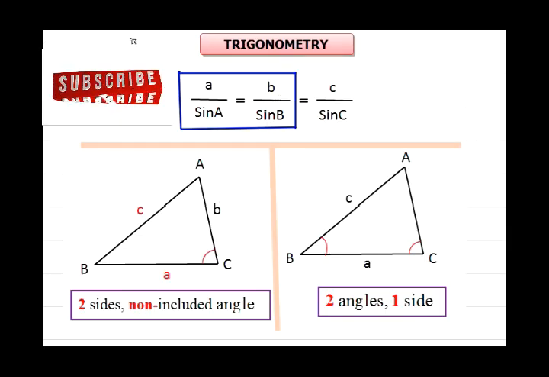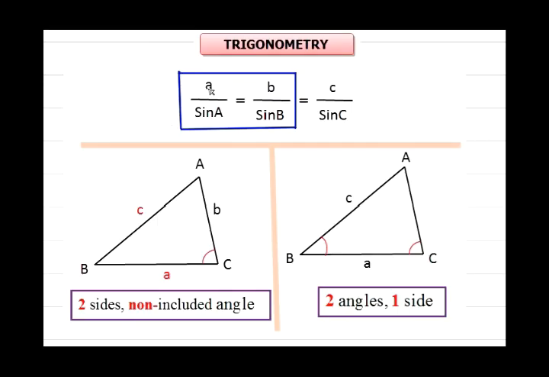What I mean is that anytime you want to solve, either you say a over sine A is equal to b over sine B, or a over sine A is equal to c over sine C, or b over sine B equals c over sine C. So at any point in time, you are always given 3 items to look for one. Maybe you look for this angle, or this side. So we're looking for the fourth parameter.